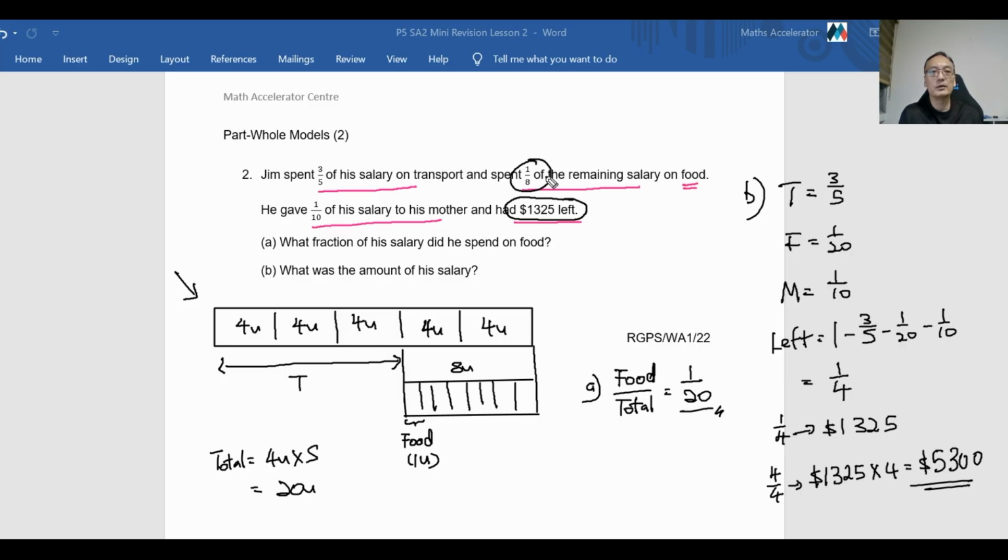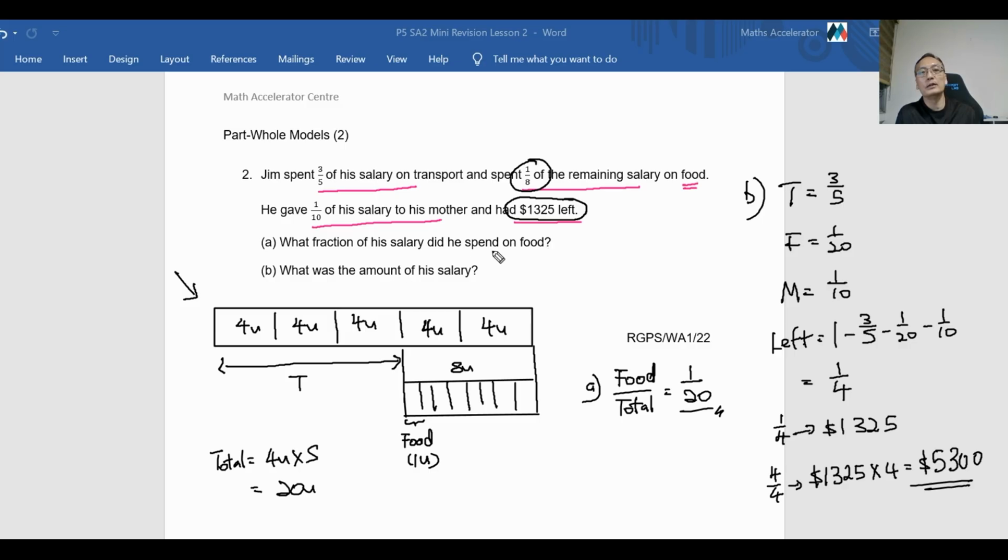We were given further information that 1/8 of the remaining salary was on food. So we split the remainder into 8 units and allocate 1 unit for the food. So from here, we have a clearer picture that the total is actually equal to 20 units, 4 units times 5. So the fraction for food will be 1 over 20.